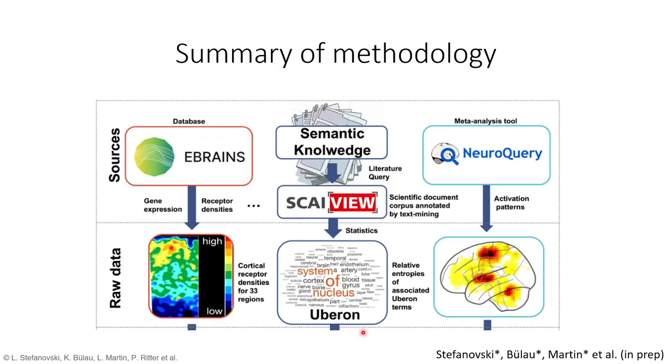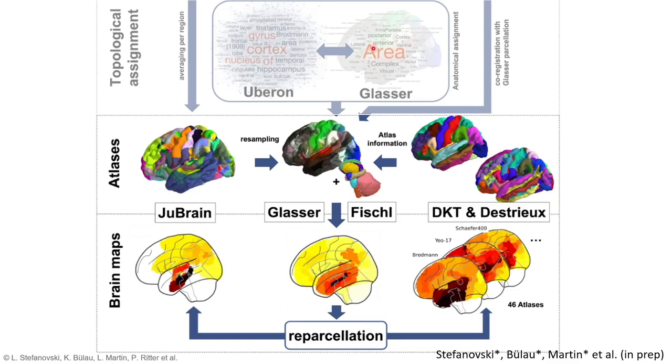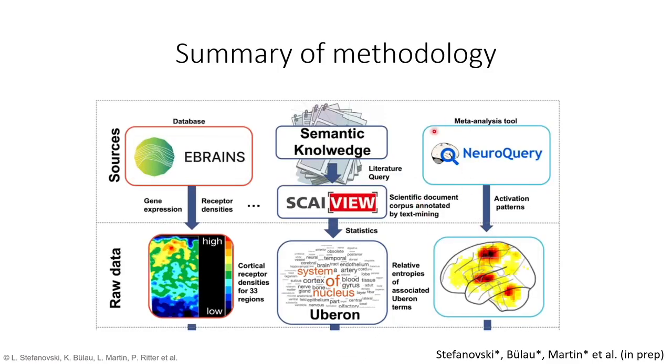I've also told you about the right panel of the last slide, where we have the NeuroQuery association, and with EBRAINS and this interactive viewer, for example, in the same anatomical and coordinate framework, we have links to empirical data.